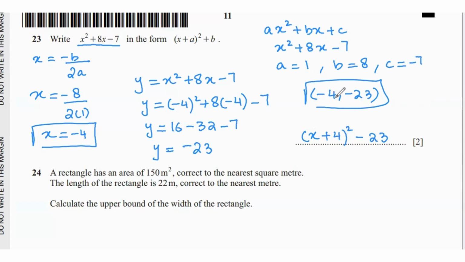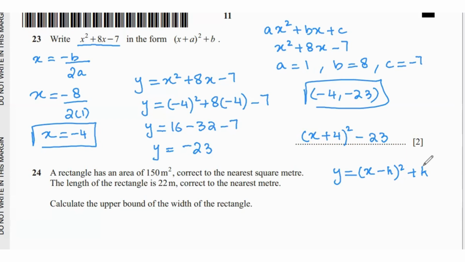That's because the completing square format is basically y equals (x minus h) whole square plus k, so it's always negative in the bracket. Since our x value was negative, minus times minus is positive. So it becomes (x plus 4) whole square and then minus 23. This was one way of doing it.